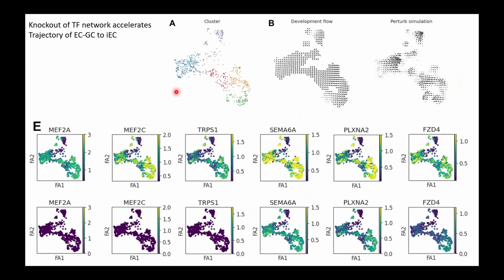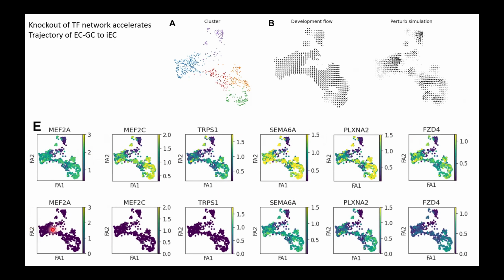So then, with that trajectory, we are able to produce an in silico knockout of this network, right? So here's the original expression of those genes, MEF2A, MEF2C, TRPS1, and then SEMA6A, PLXNA2, and FCD4, which is another gene that we identified before in the receptor-ligand analysis.